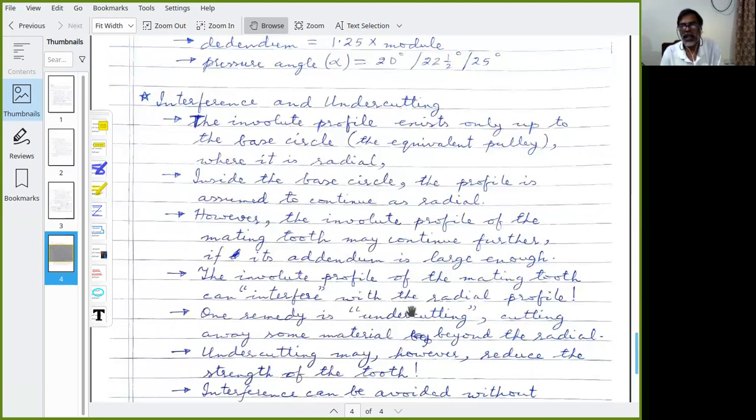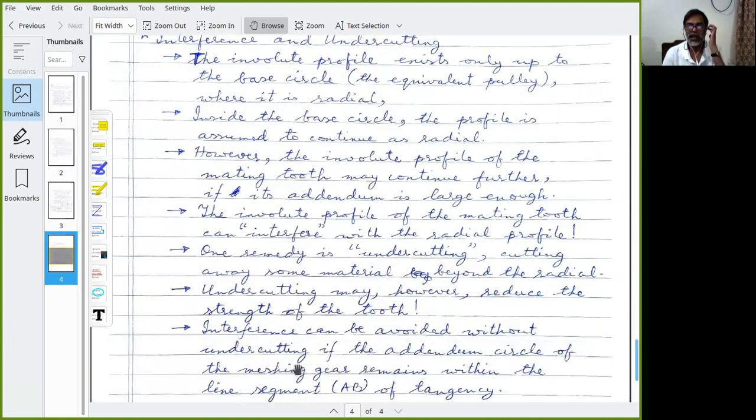However, if you undercut the tooth, then there will be a concavity made there, and the undercut tooth would become weaker. Its strength would suffer.